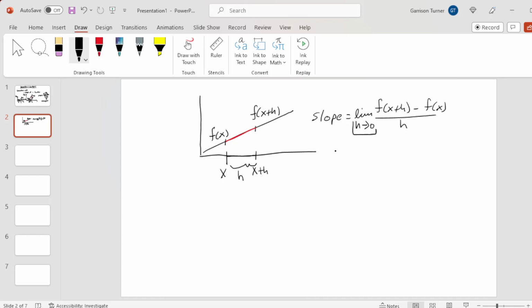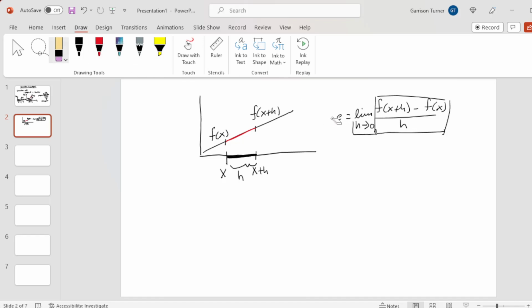But what this means is that this width we're going to let become very, very small, infinitesimally small, such that it is effectively 0. And then we'll see what happens. Okay, and when this condition is met, we evaluate this entire expression as h goes to 0.